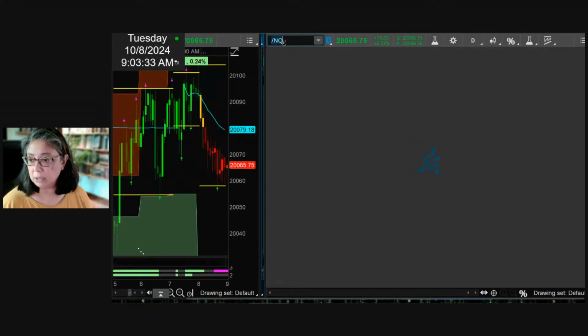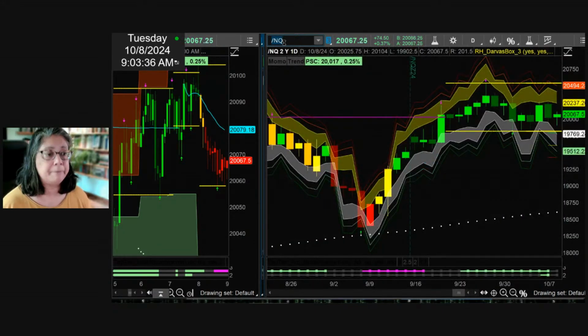Let's go and take a look at what's going on with the NASDAQ right now. Similar situation. Okay, Rog, you've explained what this Darvis is. It's Darvis 2.0. All right, there we go. This is my support right down in here.